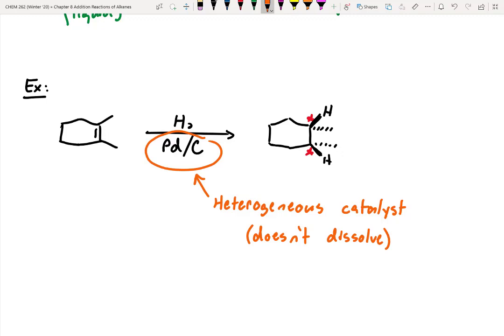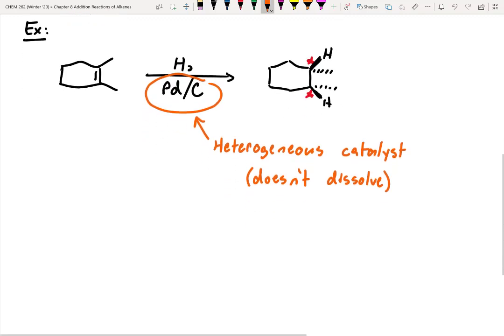Like I said, the carbon is just charcoal. Charcoal is not going to dissolve. It's just going to sit there. It's going to be almost like a slurry. What you do is you put this in a pressurized vessel and you shake it. It's called a Parr shaker. And you pump in a bunch of hydrogen gas at high pressure and you just shake it for maybe half an hour and then release the gas and purify your alkane.